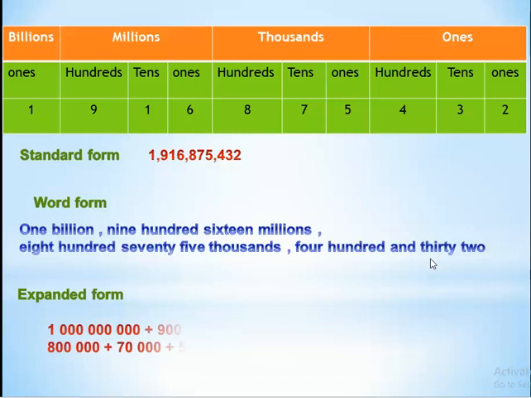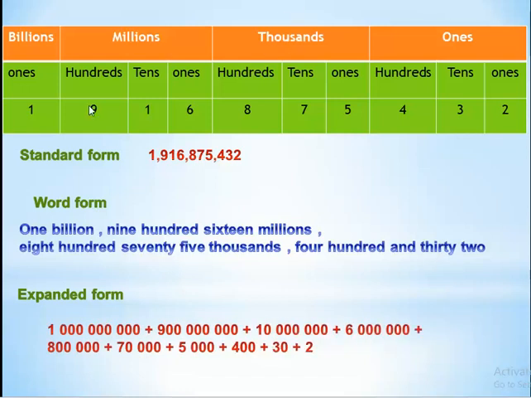Expanded form means we will write the value of each digit of this number. 1 billion plus 900 million plus 10 million plus 6 million plus 800,000 plus 70,000 plus 5,000 plus 400 plus 30 plus 2.